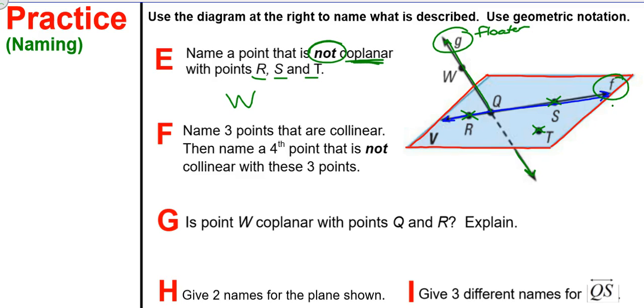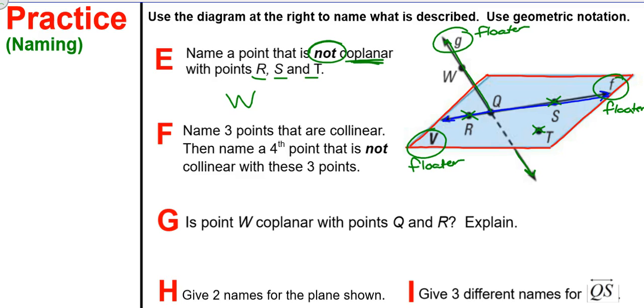And F is also a floater. And so is V. So those really aren't going to be part of any intersections or points or anything like that. They're just nicknames for our lines and planes.